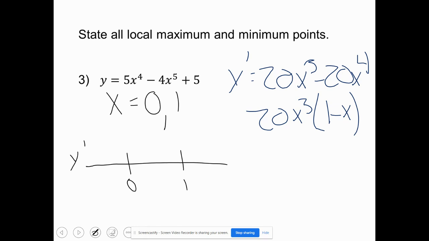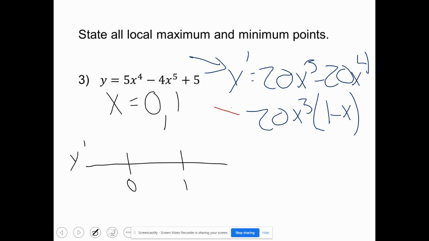And the only reason I'm going to put the factored form back up there is a lot of times it's easier to plug numbers into the factored form than it is to the original expanded out form that I have here. So let's see, numbers before 0, pick anything, -1.